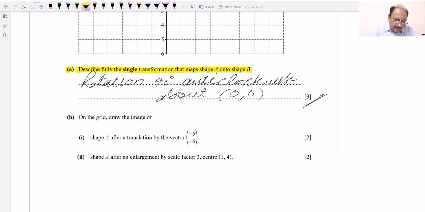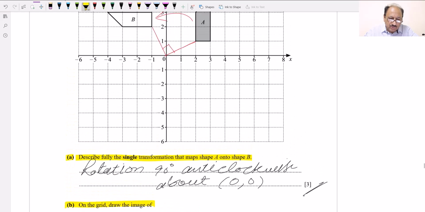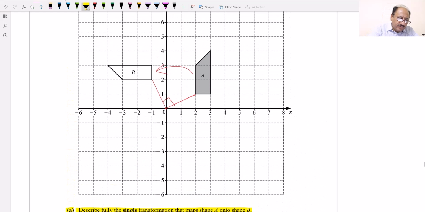On the grid, draw the image of shape A after translation -5 and -6. So for A after -5 -6, we can take for example this corner or this vertex. -5 will be 1 2 3 4 5, and -6 will be 1 2 3 4 5 6.